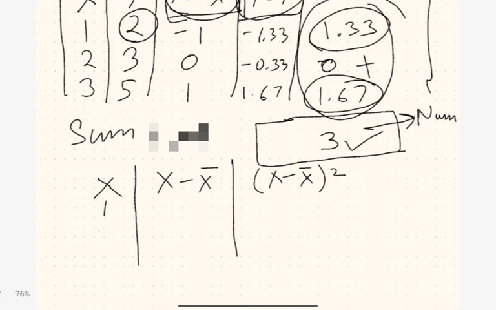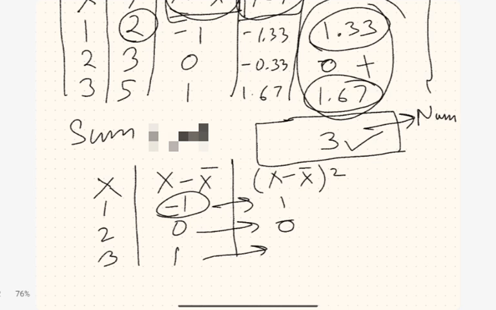The value of x is 1, 2, 3 as we know. x minus x bar is minus 1, 0, 1. Then the square of these values is 1, 0 and 1. Adding all of them we get 2. So this is the denominator, right?